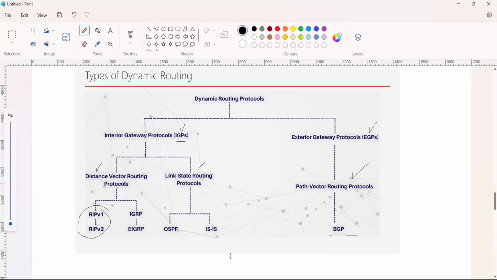Distance vector means it works hop by hop, and link state means it has the entire link information. We'll discuss it in later sessions, but RIP works hop by hop.